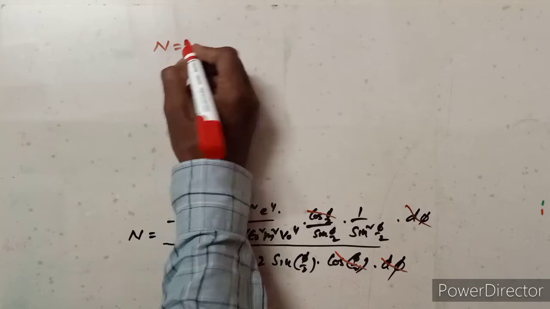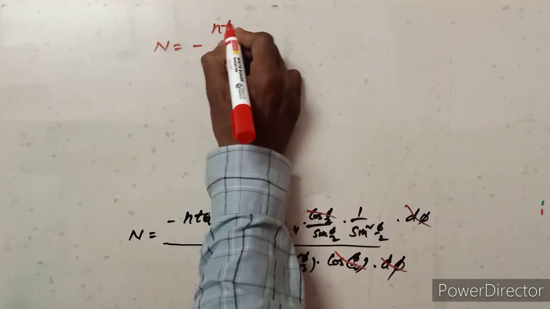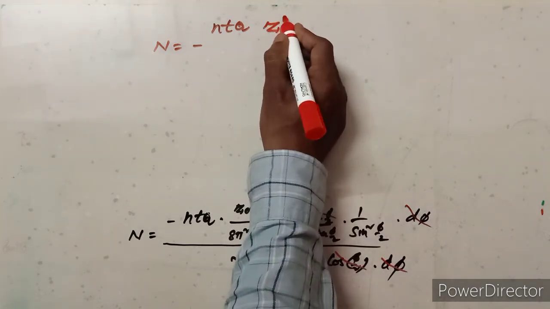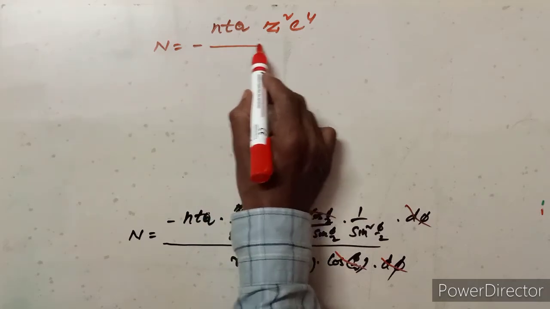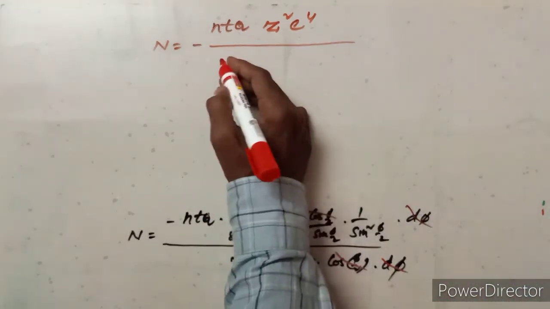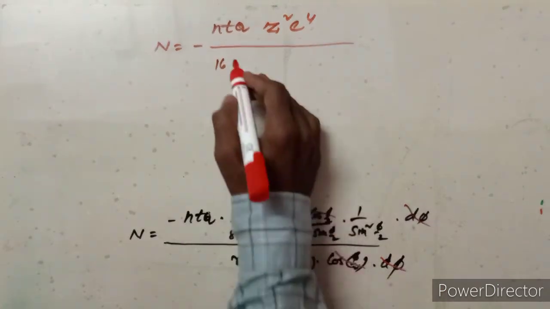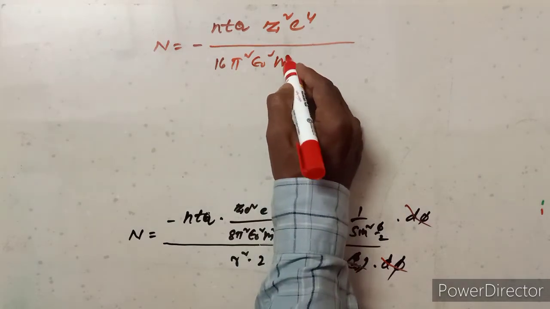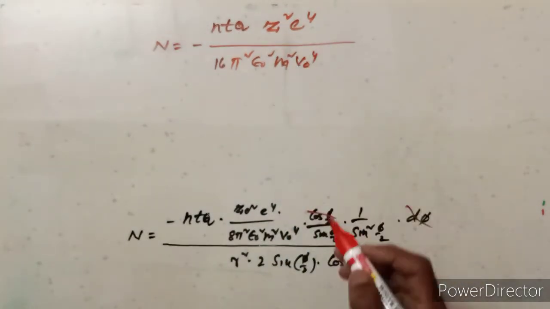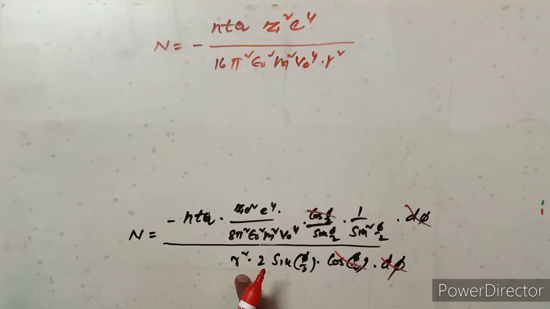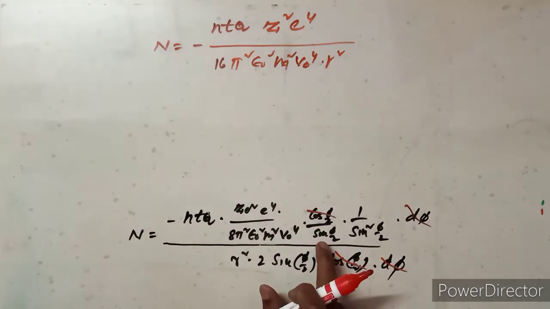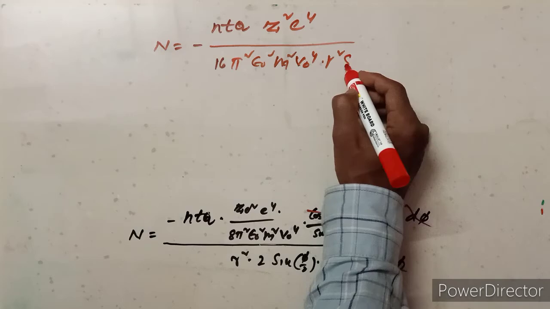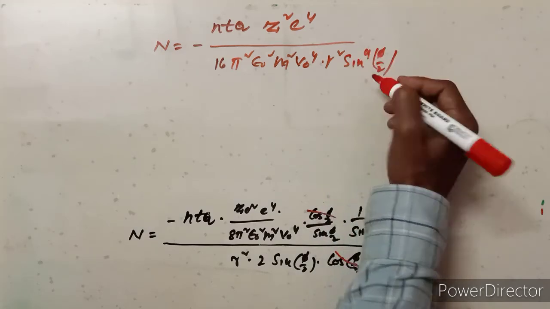N equals minus N·t·q Z square e to the power of 4, remaining 8 twos are 16 pi square epsilon naught square m square v naught to the power of 4 r square, and sin square times sin cube gives sin to the power of 4 phi by 2.